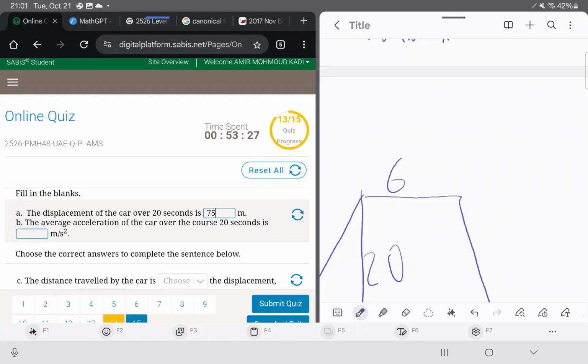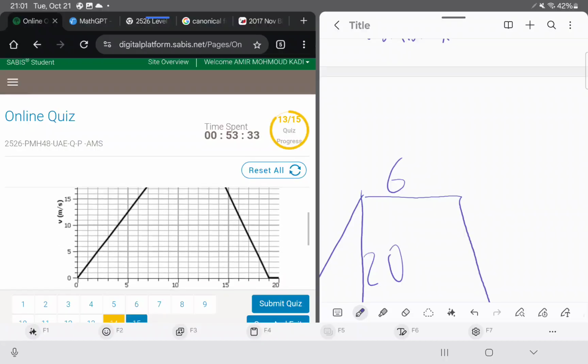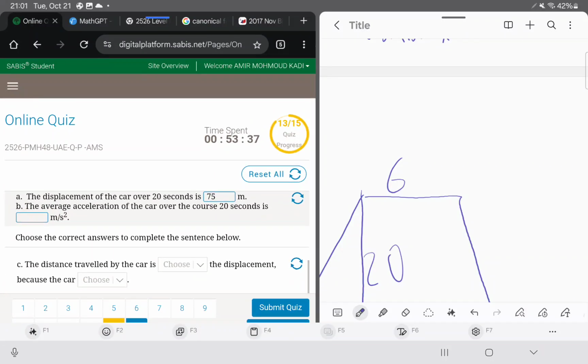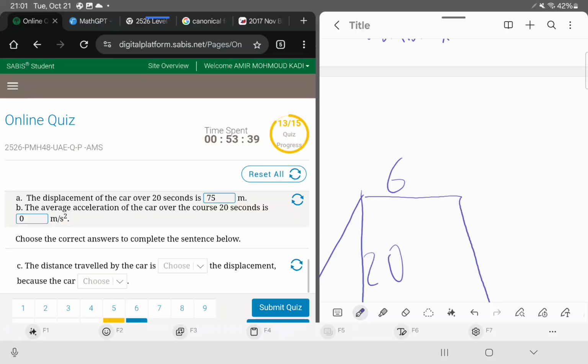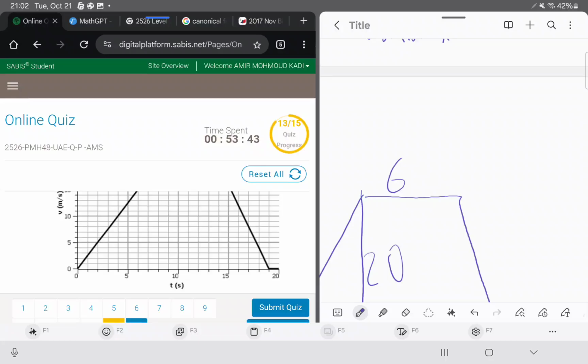The average acceleration, so to find the average acceleration over the course of 20 seconds, look here, it's 0. Why is the average acceleration here 0? Because the average acceleration is equal to v final minus v initial over change in time.